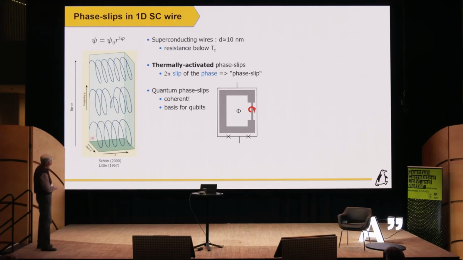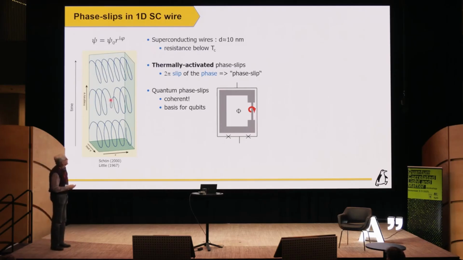And you can see this is the regular uniform superflow region, but here you then have a suppression of the order parameter amplitude, and at this point you can then have your phase slip, and you have a voltage pulse at that point. So you can have either quantum fluctuations driving this, or you can have thermal fluctuation driving this, and many people are very interested in the quantum regime with coherent phase slips, and people have even used these for making quantum phase slip qubits.